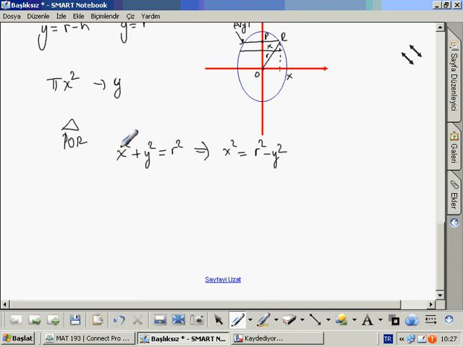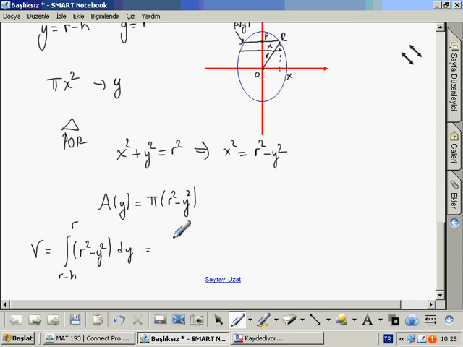So we know what x squared will be for any given y, and so the cross-sectional area, A sub y, will be equal to pi times r squared minus y squared, and the volume will be the integral from r minus h to r of r squared minus y squared dy, so it equals r squared y minus 1 over 3 y cubed, from r minus h to r.